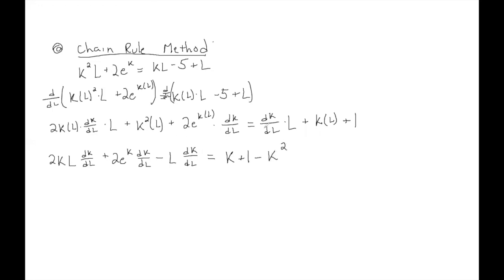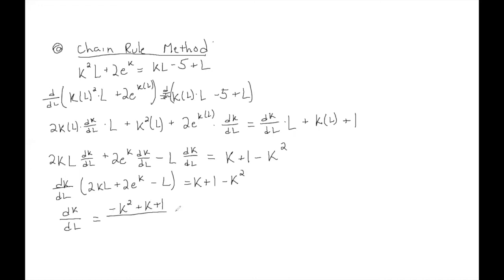I've brought this guy over to here, and everything looks good. Great. Okay, so I factor out dk dl. I'm left with 2kl plus 2e to the k minus l equals k plus 1 minus k squared. And I get dk dl is negative k squared plus k plus 1 all over 2kl plus 2e to the k minus l.